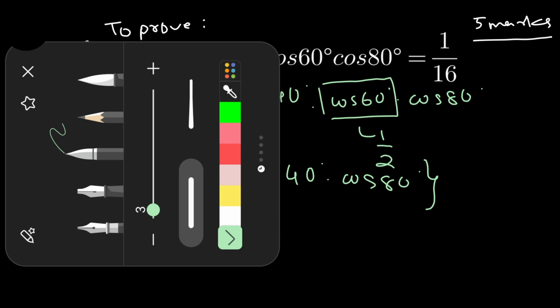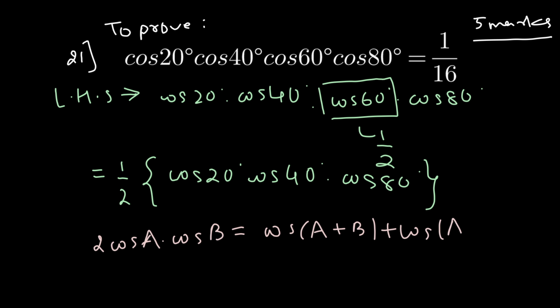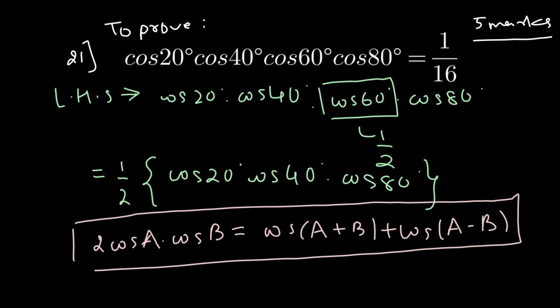Now to solve this further, we need to use a trigonometric identity, that is 2 times cos A into cos B is equal to cos of A plus B added with cos of A minus B. So this is the identity that we are going to use. Here we have 3 cos values in multiplication.